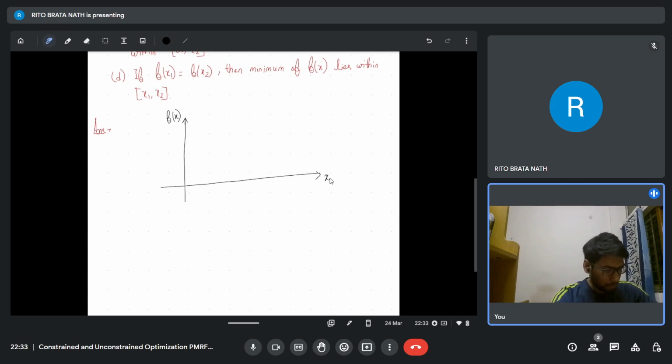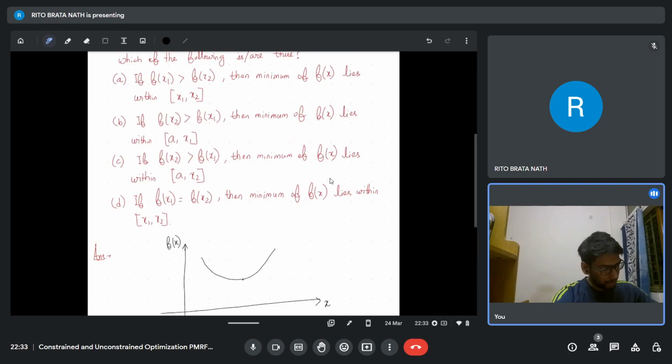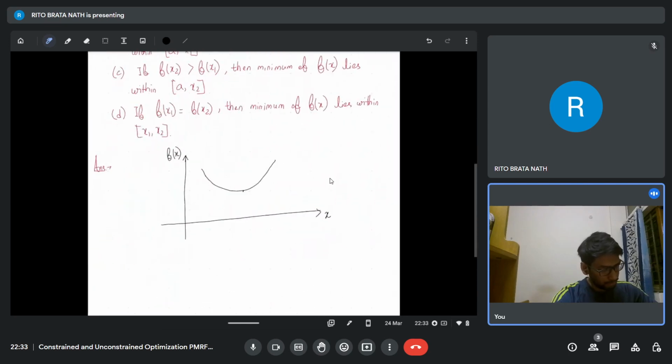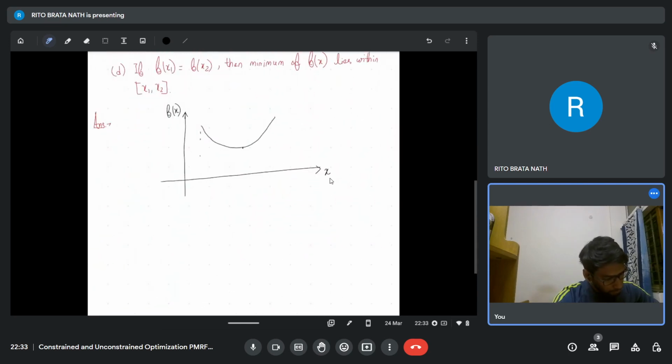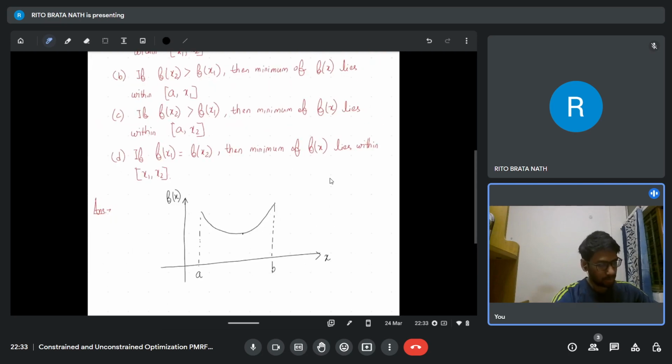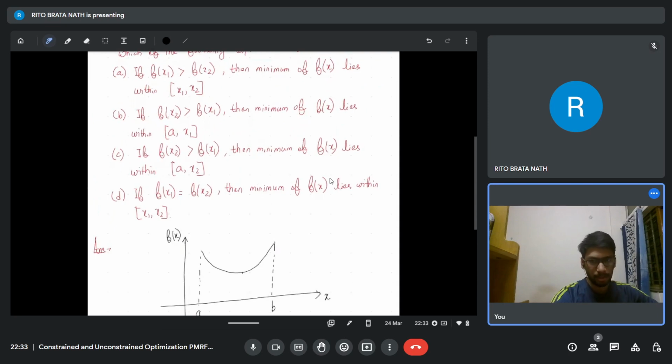Since it's a unimodal function and you're solving a minimization problem, it will have one minimum somewhere here, and the interval is a and b. So this is a, this is b. Now you'll be picking 2 points x1 and x2, and based on the conditions, you have to check which one occurs, right?